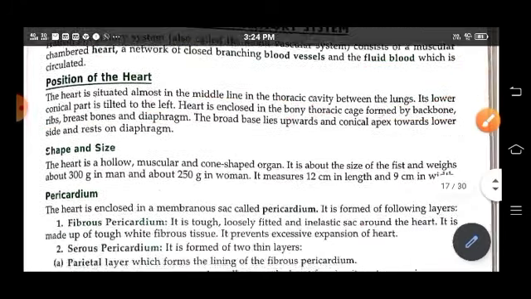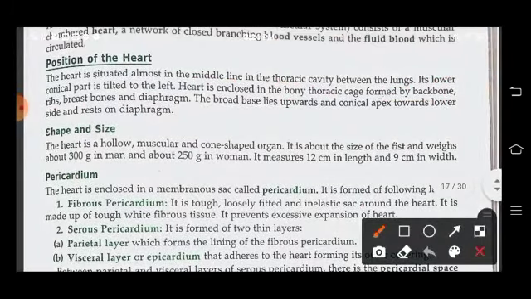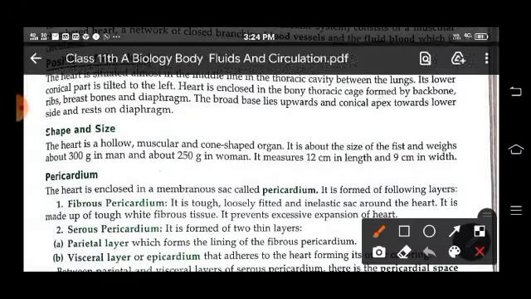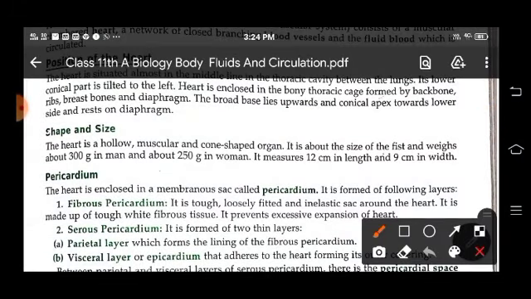The heart is a hollow, muscular and cone-shaped organ, the size of a fist, and weighs about 300 grams in men and about 250 grams in women. It measures 12 centimeters in length and 9 centimeters in width.